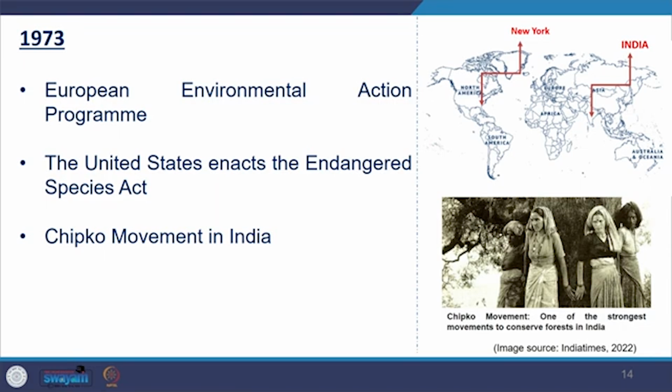And also at the same time, we see the United States enacted the Endangered Species Act for the purpose of safeguarding and for the benefit of all the citizens, and the nation's heritage. So even this was signed at that period.